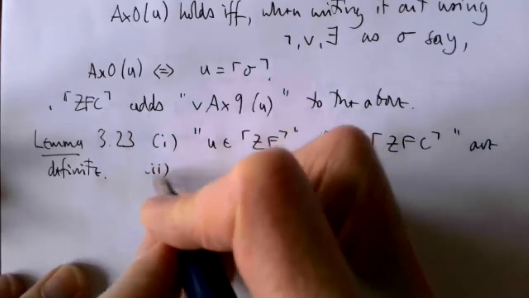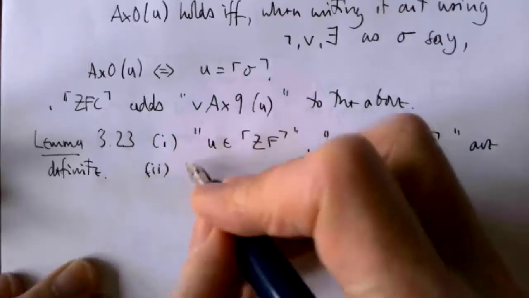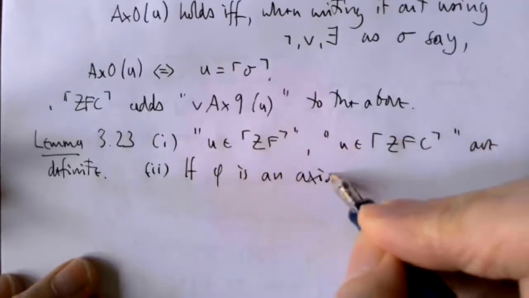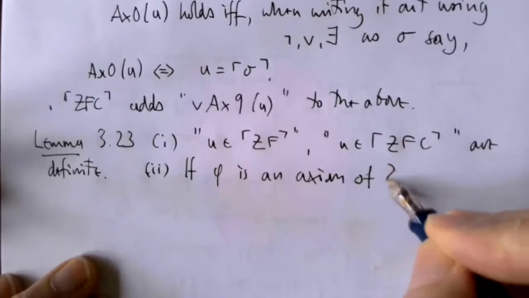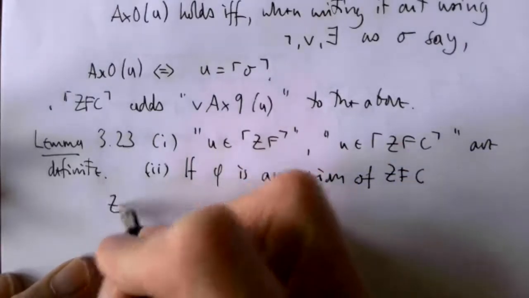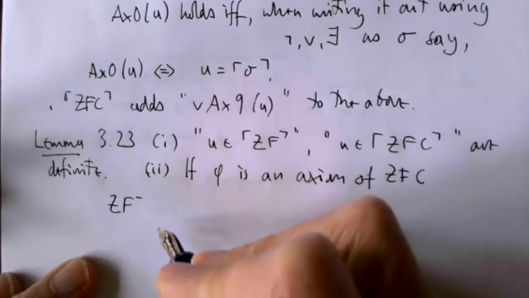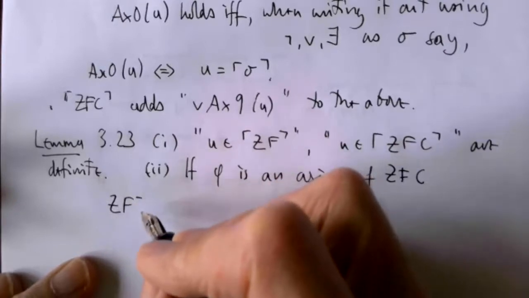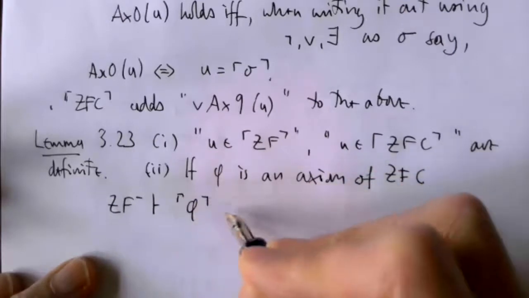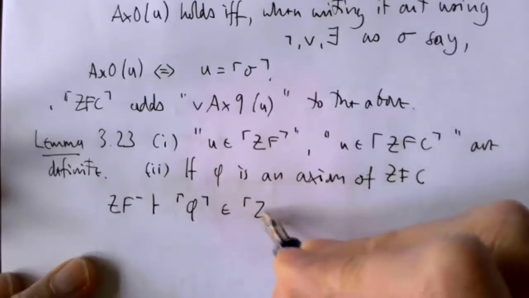And 2, if phi is an axiom from our list, then actually in ZF or ZF minus, we can prove that the code of phi is in the code set.